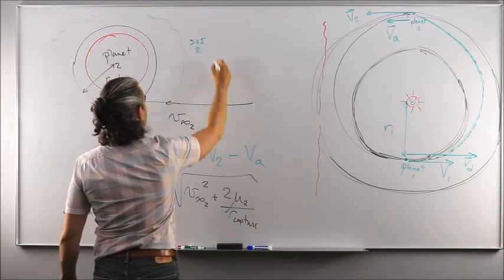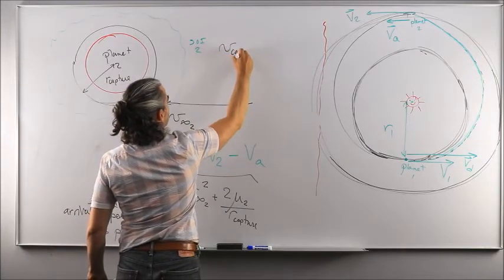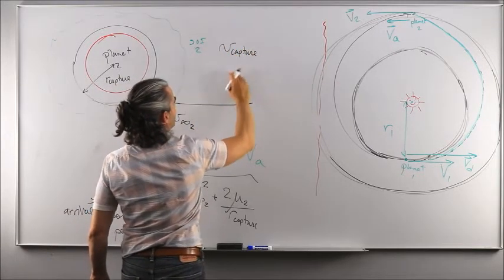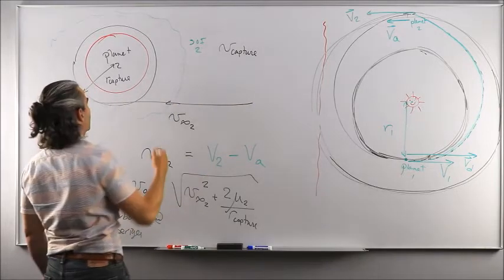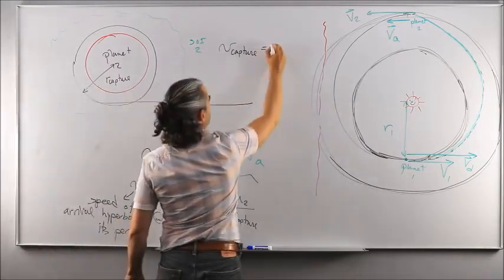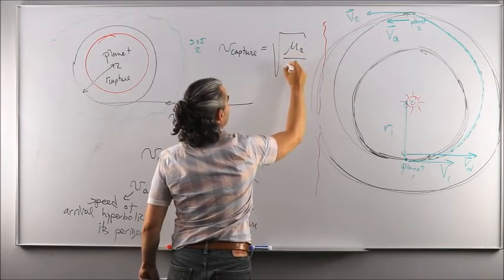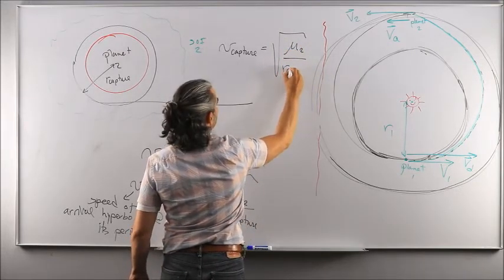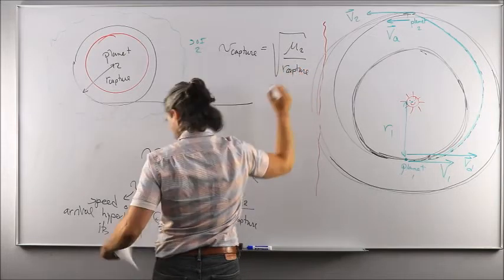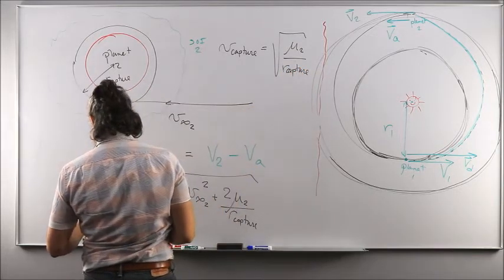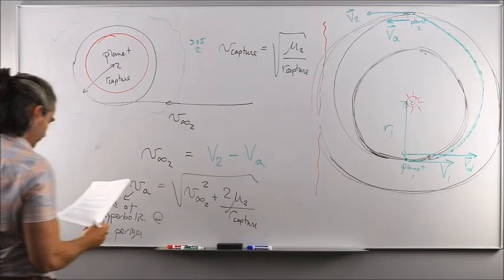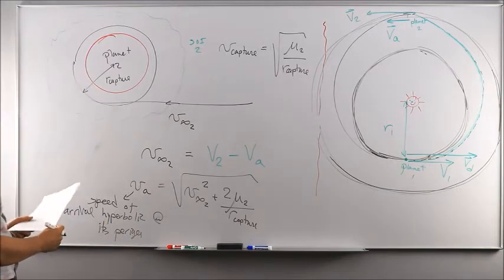And as before, you also have V capture. As before was V parking. V capture is simply the speed along a circular orbit around planet 2 that has a radius of R capture, like that. Okay?